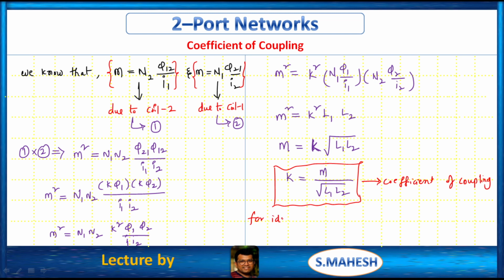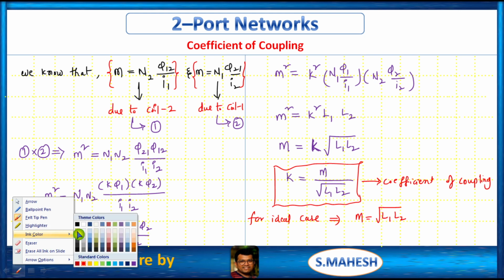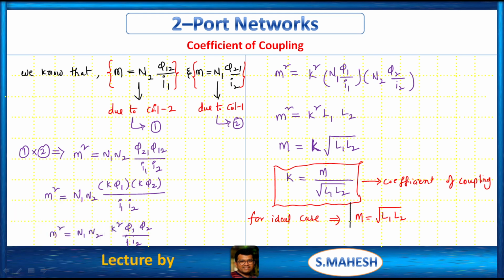For the ideal case, M is equal to square root of L1 L2, right? Because k is equal to 1.